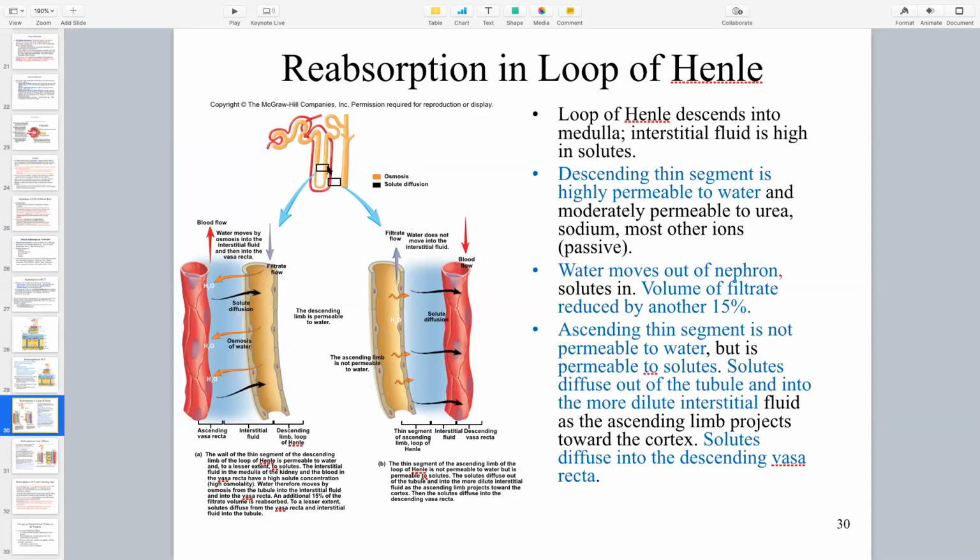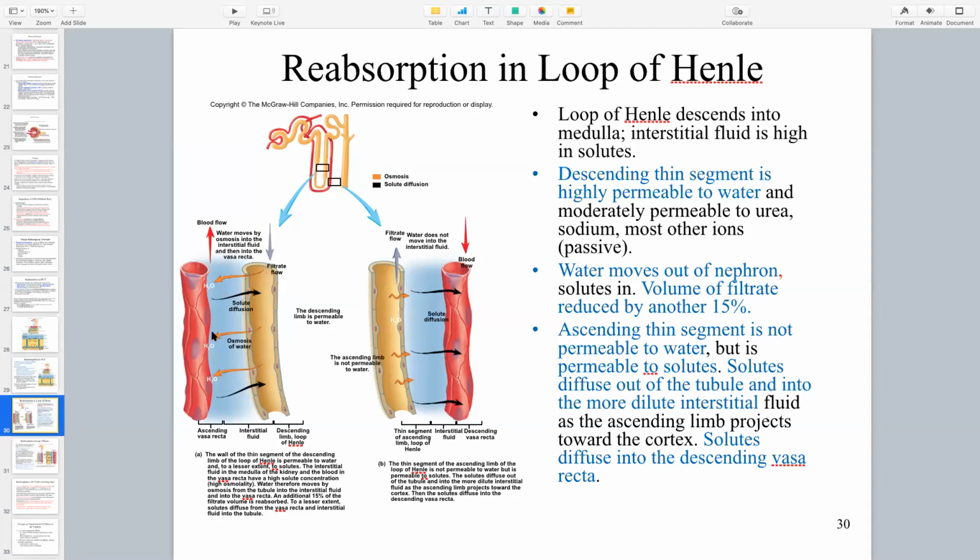So the ascending limb concentrates the medulla, and with it the interstitial space in the medulla. The longer the limb, the more we can concentrate, and the greater the concentration surrounding the descending tubule. The greater the concentration of salt, the more water wants to exit into the space, because it's so attracted by that high solute concentration.